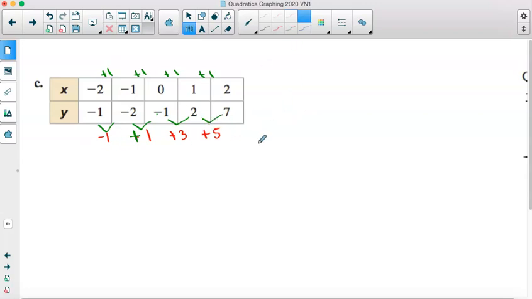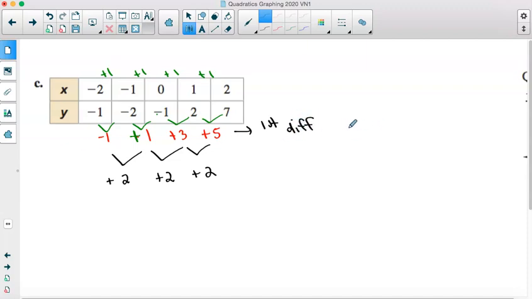Really there's no pattern going on here, and this is where the second difference comes in. If I do that a second time, how do I get from -1 to 1? That means I'm adding 2. How do I get from 1 to 3? Again adding 2, and from 3 to 5, again adding 2. This piece here is the first difference, and that's how I would tell if it's linear or not.